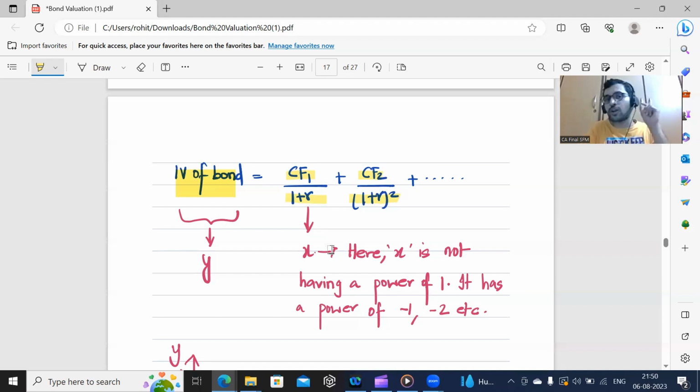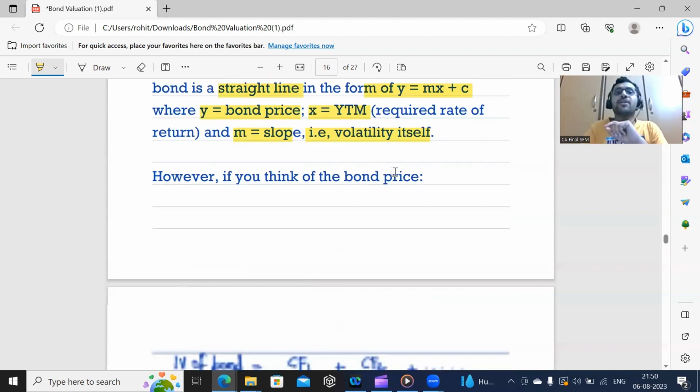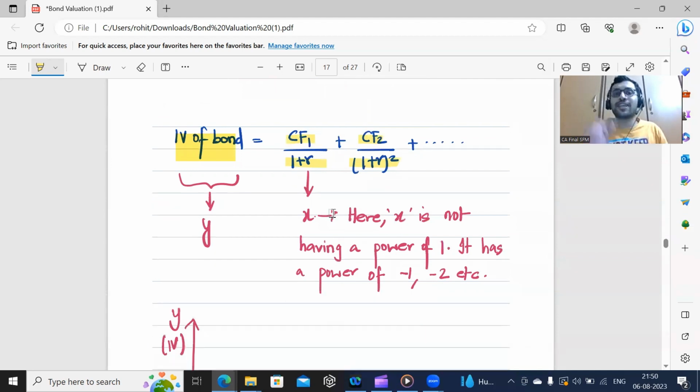Modified duration or volatility was assuming that the equation of the bond is in that form, but the intrinsic value equation has x raised to the power of -1, x raised to the power of -2, and so on. All right, so it's clearly not in the form of an equation of a line.